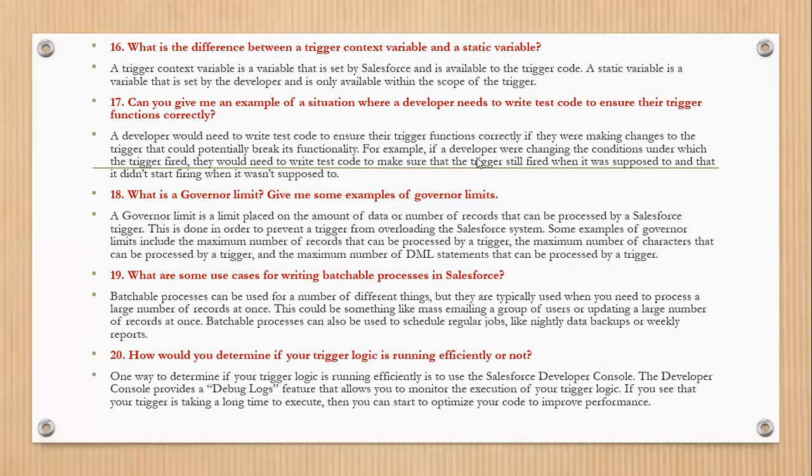For example, if the developer were changing the conditions under which the trigger fires, they would need to write test code to make sure that the trigger still fires when it is supposed to and did not start firing when it is not supposed to.